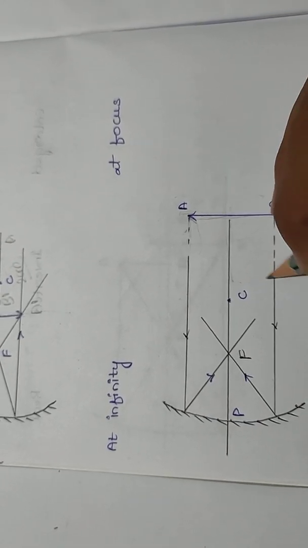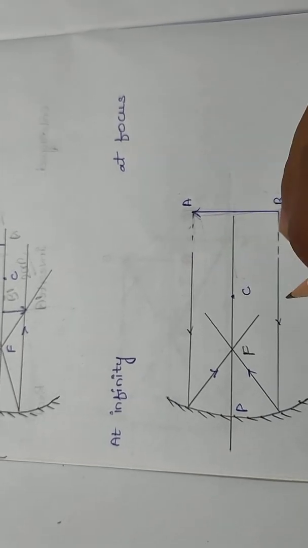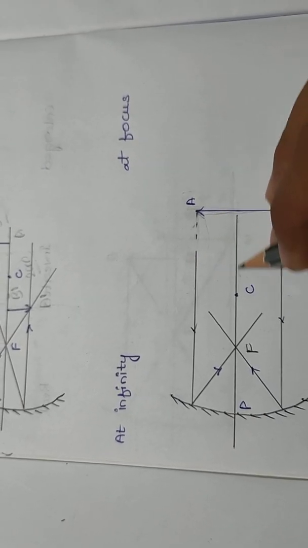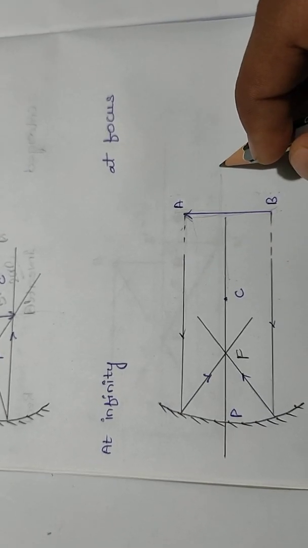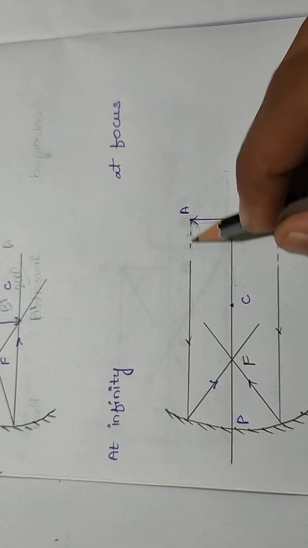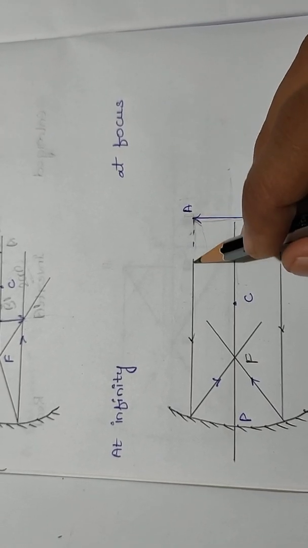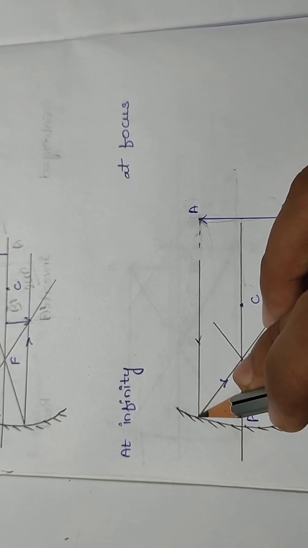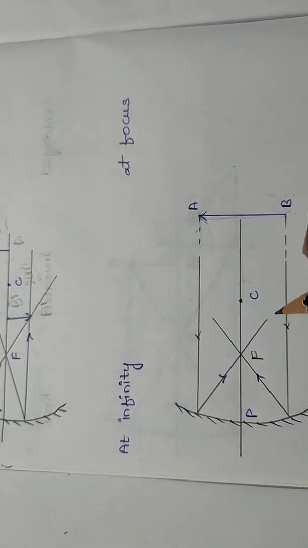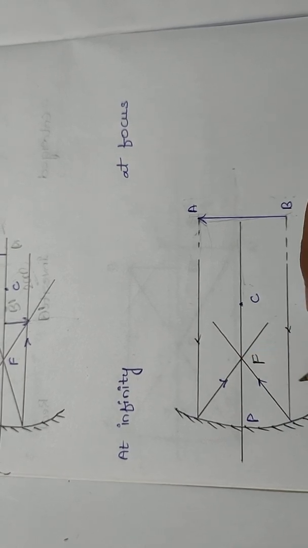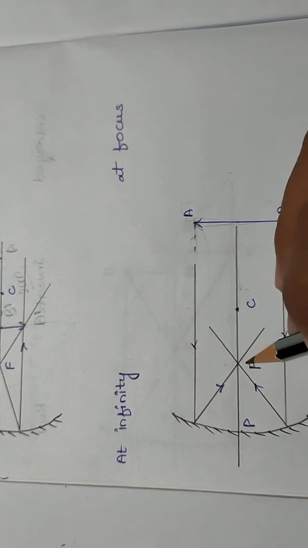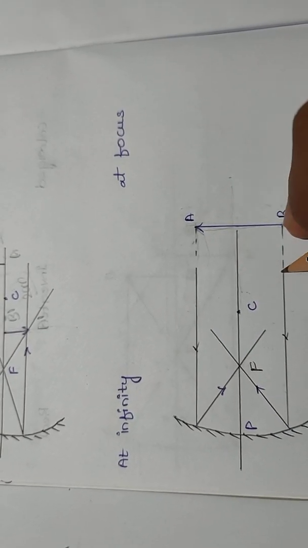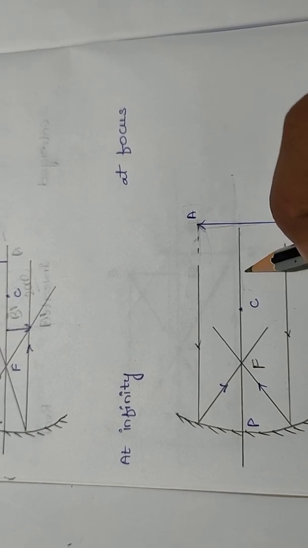Both incident rays are parallel to the principal axis. Now we know the condition: if the incident ray is parallel to the principal axis, then it will pass through the focal point. So both the rays are passing through the focal point because both of them are parallel to the principal axis.